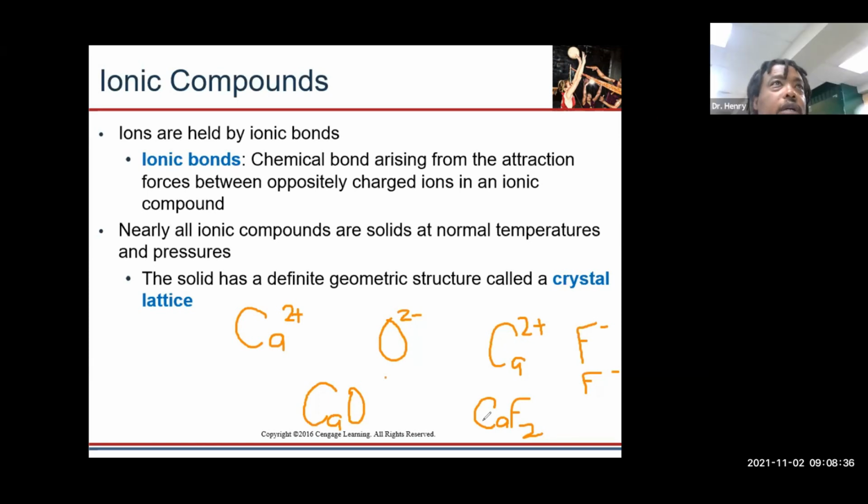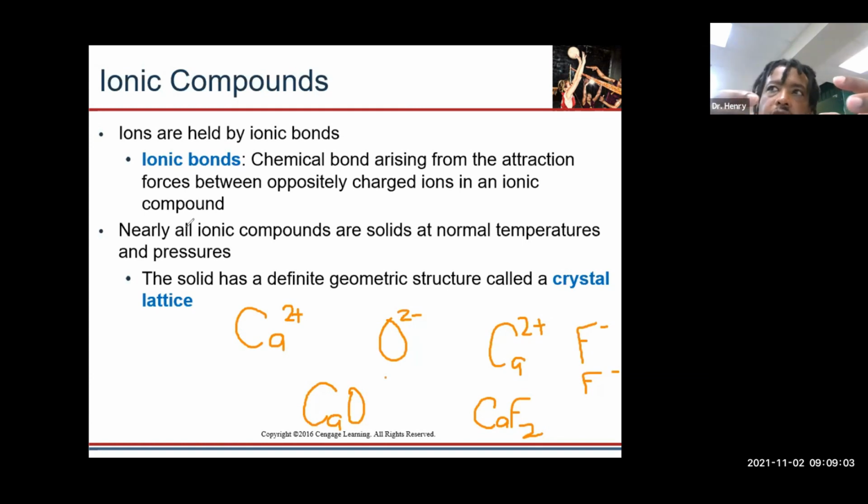Okay, so a couple things that we want to know about ionic bonds. So this charge, right, the fact that we have this together, it brings these guys together. And in most cases, when they come together, they're going to form what we call a solid ionic compound.